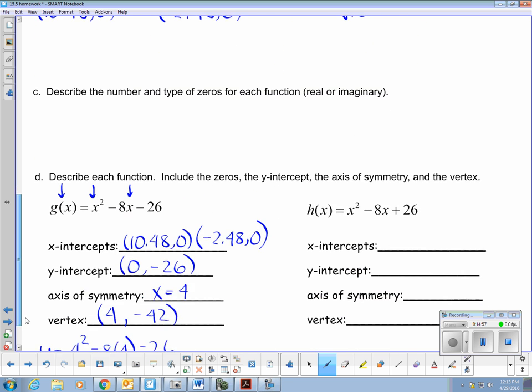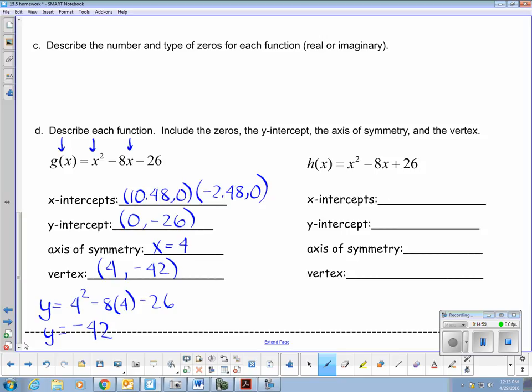So as I go down to part D and answer the questions, there are no x-intercepts. The y-intercept is 0, 26. The axis of symmetry, again, was x equals 4.